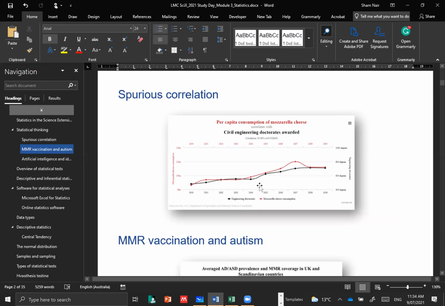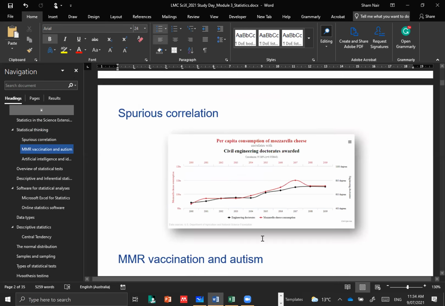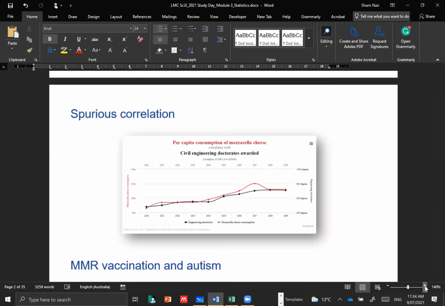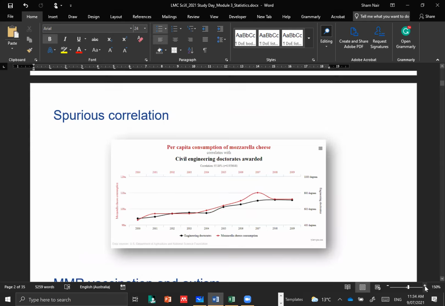If you look at a figure like this one here, actually, let me just close the navigation window pane for now. If you look at this sort of a figure, you see an example of a spurious correlation.